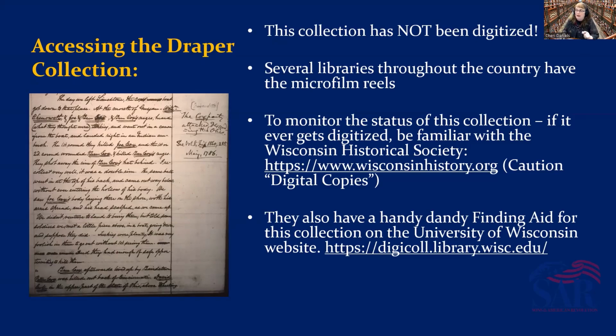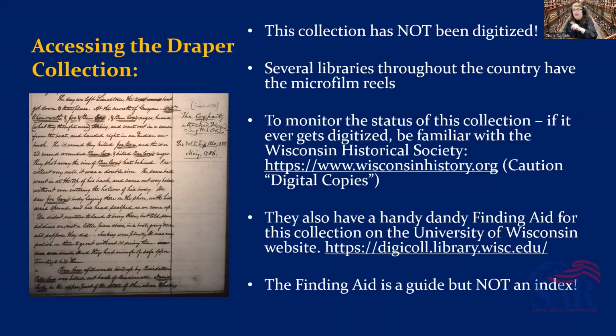This finding aid is through the University of Wisconsin, and this is the URL to get there. I will put the link in the description of the video and probably on screen as I edit this. But again, a finding aid is a guide. It is not an index.